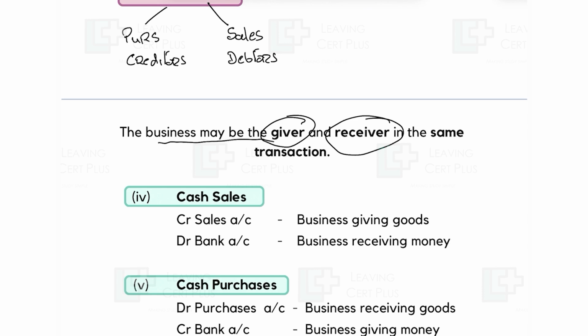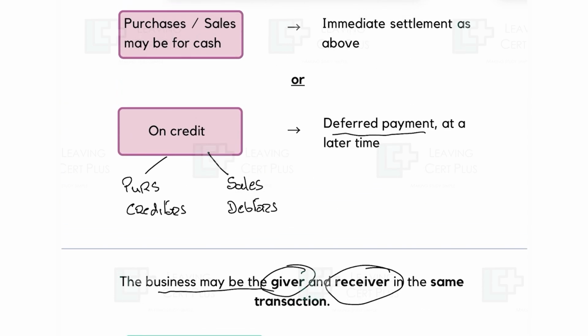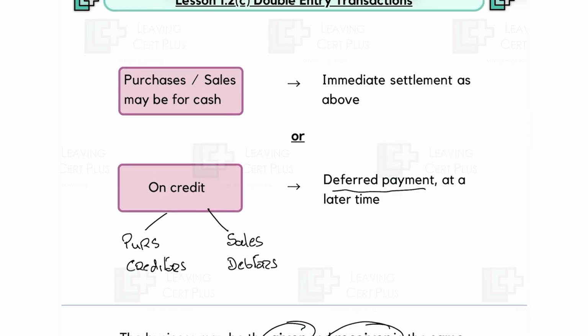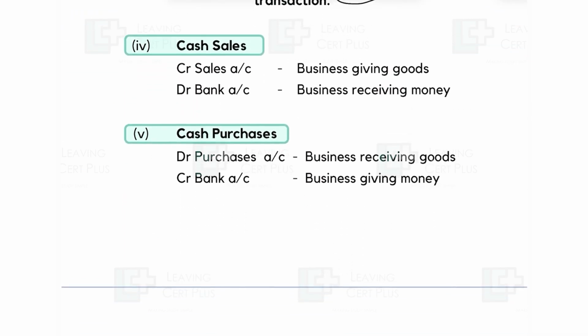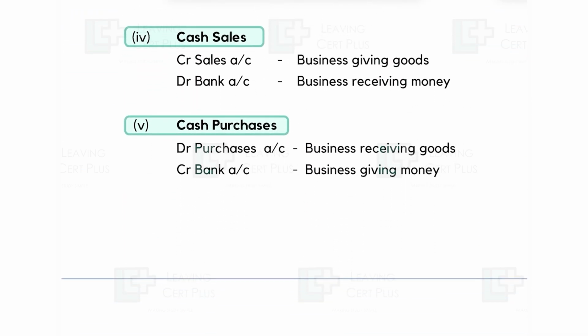And that's all that this is. The business is the giver and the receiver. And that would be with a cash transaction. So you have to know the difference between purchases on credit, sales on credit, and purchases and sales for cash. If it's for cash, there are no debtors or creditors involved in the dealing whatsoever.